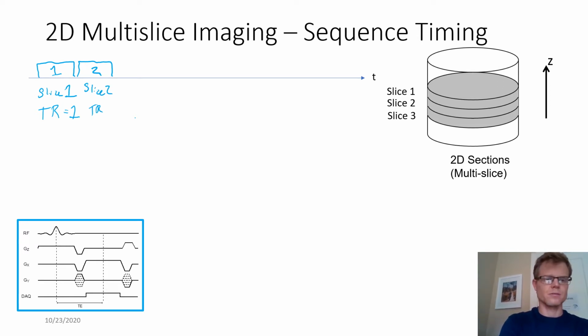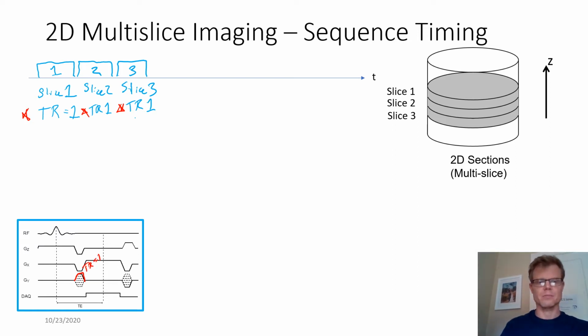But for TR1, and then we're going to move on to slice 3, but still doing the first TR. So for example, we could represent this as the first TR means that we're doing this red phase encoding.